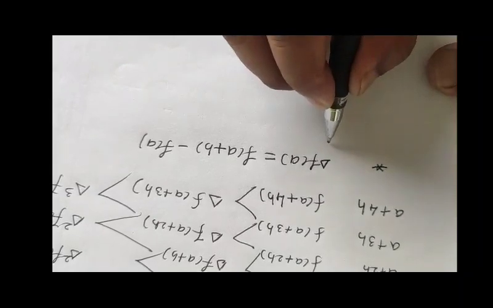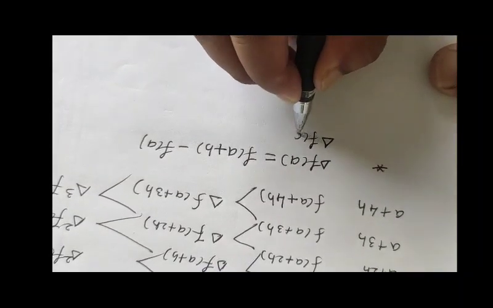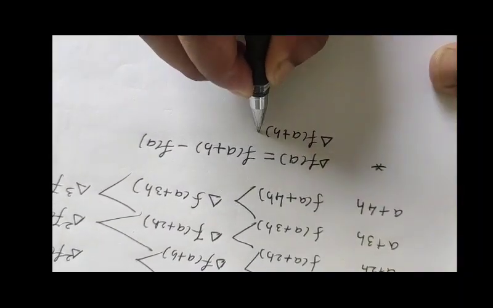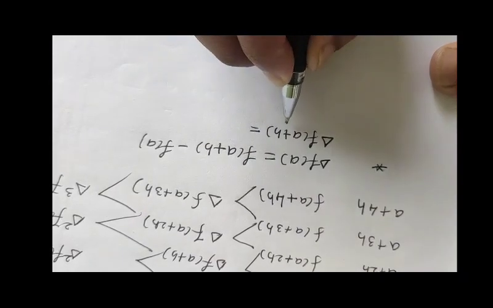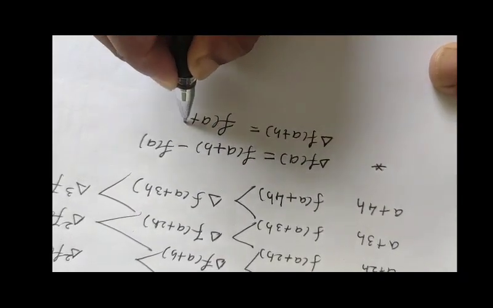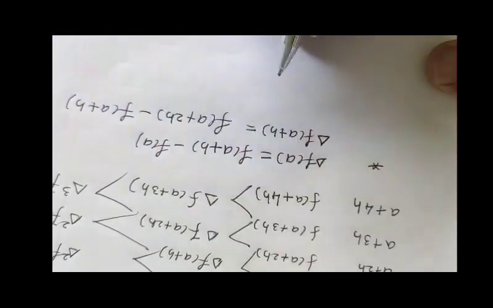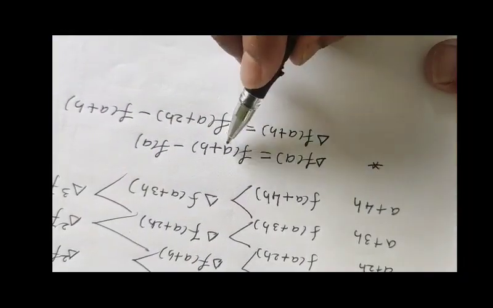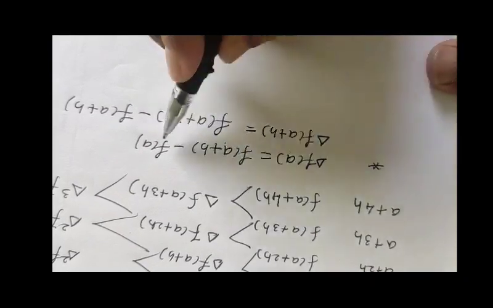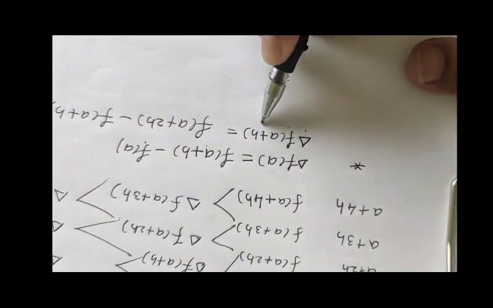Next, what is delta f of a plus h? Delta of f of a plus h is nothing but f of a plus 2h minus f of a plus h. We increase the term by h and then subtract the original term.